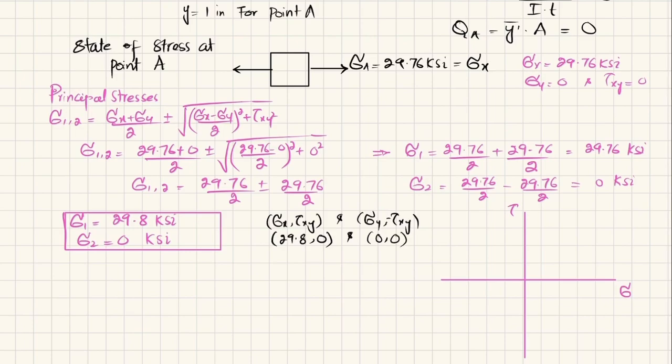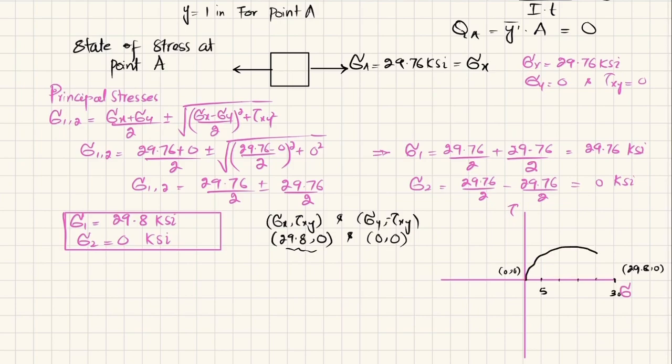Let one division be 5 KSI. So 5 and this is 30, and 29.8 is approximately 30. This point will be 29.8 comma 0, and this point will be 0 comma 0.